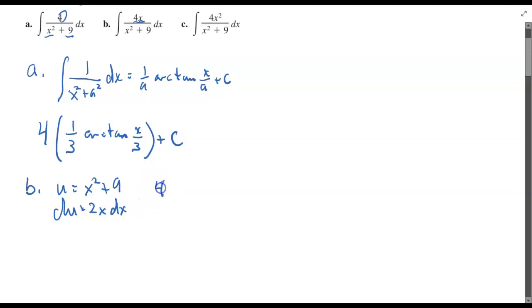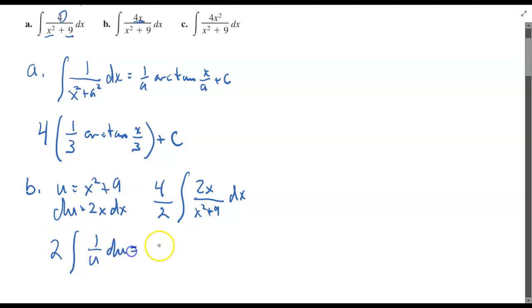So I'm going to put the 4 in front and a 2 inside, which means I divide by 2 outside. Now I'm ready to do my substitution. I have 2 integral 1 over u du, which is 2 times the natural log of u, in this case x squared plus 9 plus c.